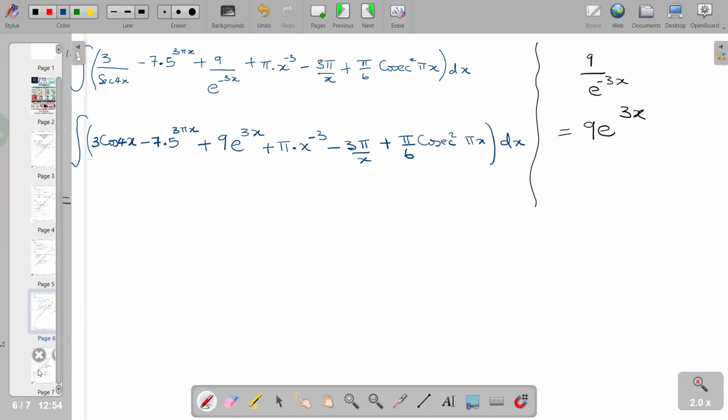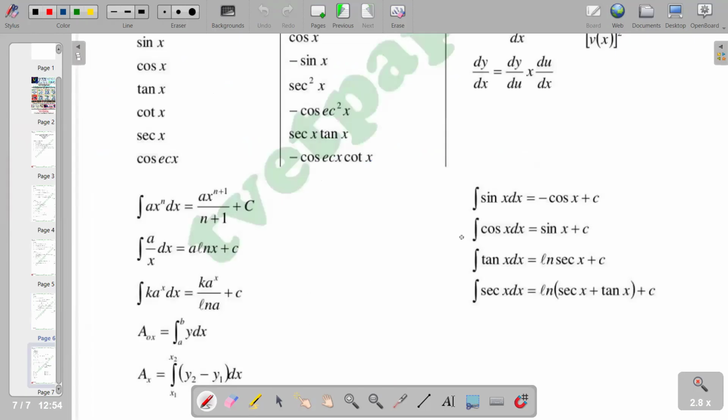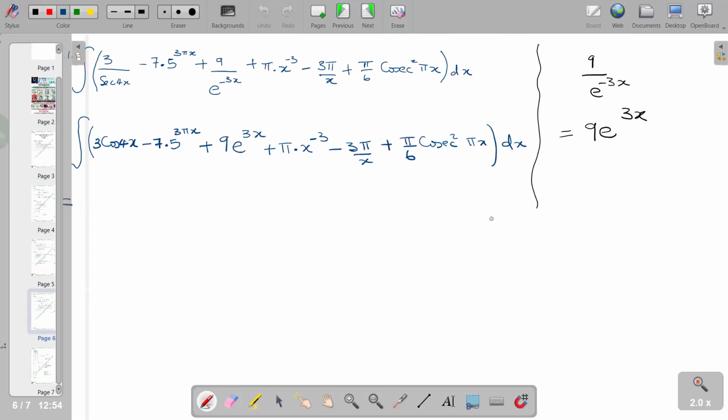According to the formula sheet, the integral of cos x with respect to x is going to give us sine x plus the arbitrary constant c.